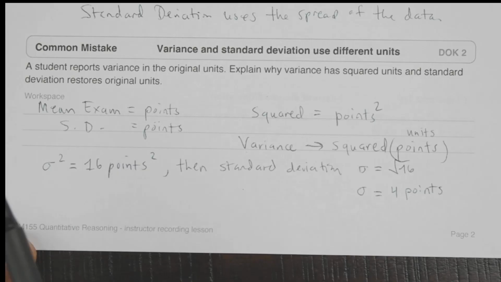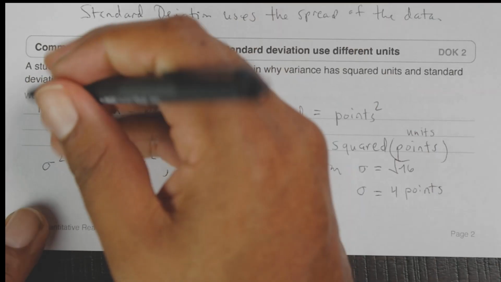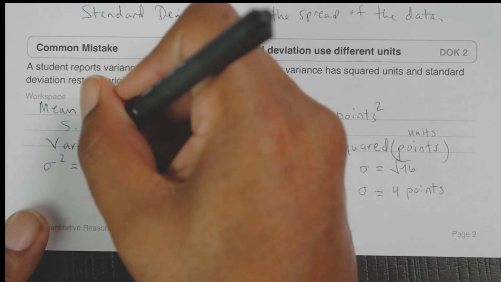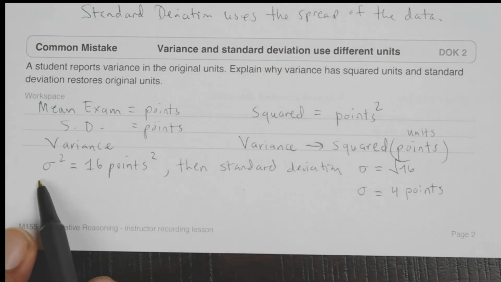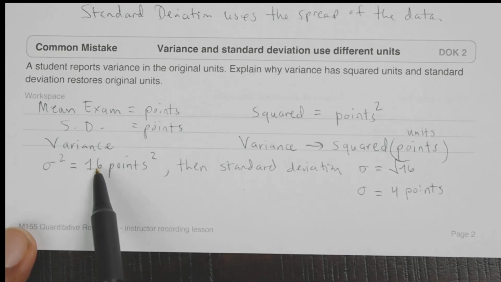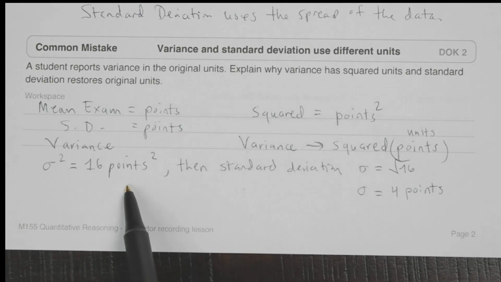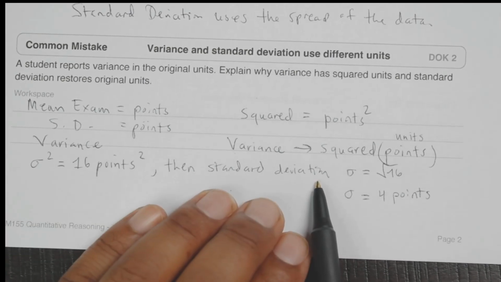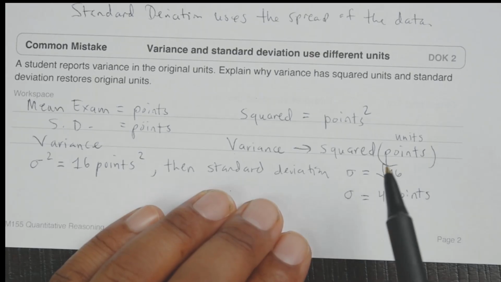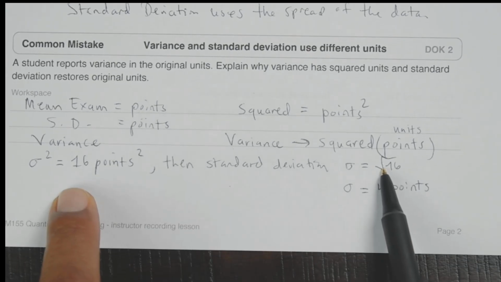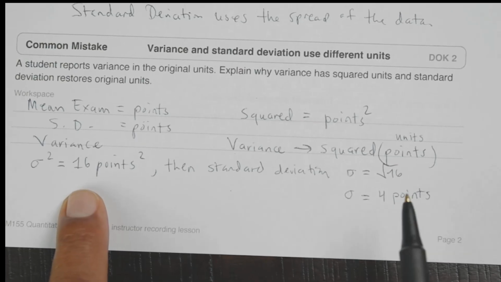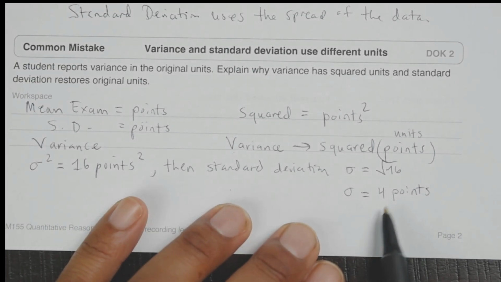So again, if this is variance, those data points squared, then the standard deviation would be us taking the square root of that, and that would tell us what the standard deviation is.